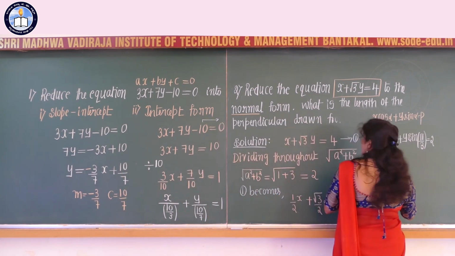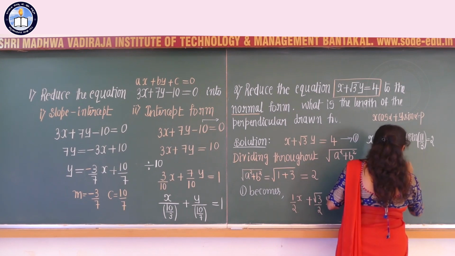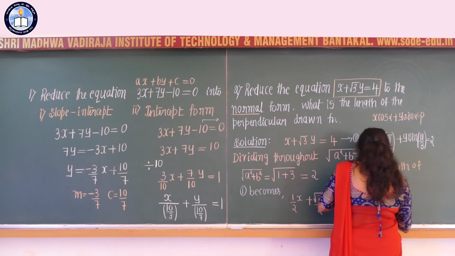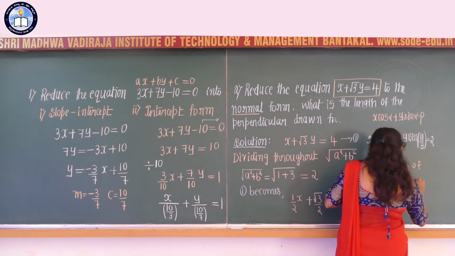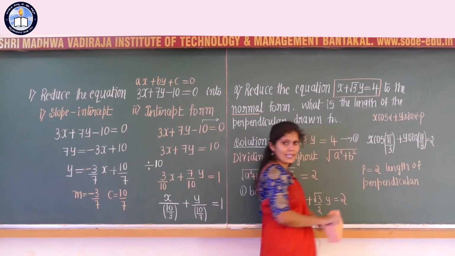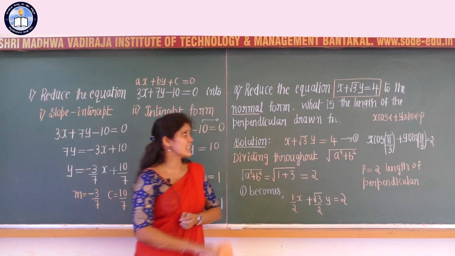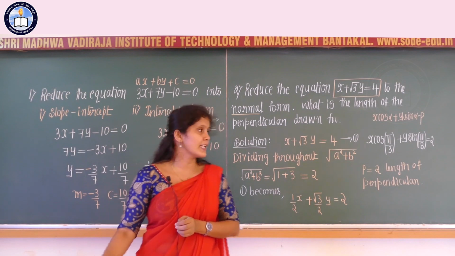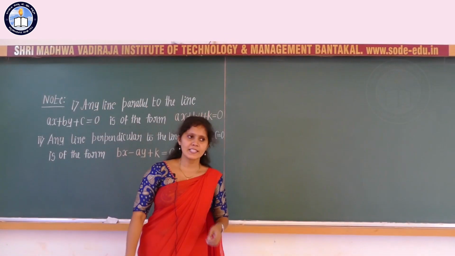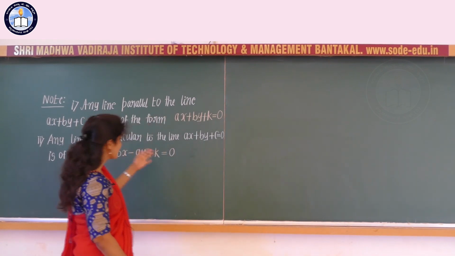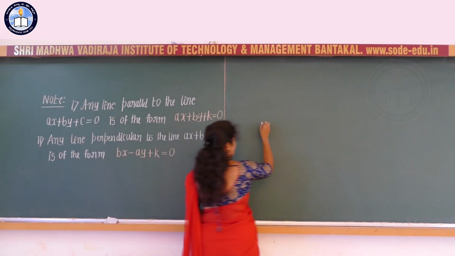Therefore p is equal to 2 is the length of the perpendicular drawn from the origin to the given line L, and here the given line L is nothing but x plus root 3 into y is equal to the constant 4.